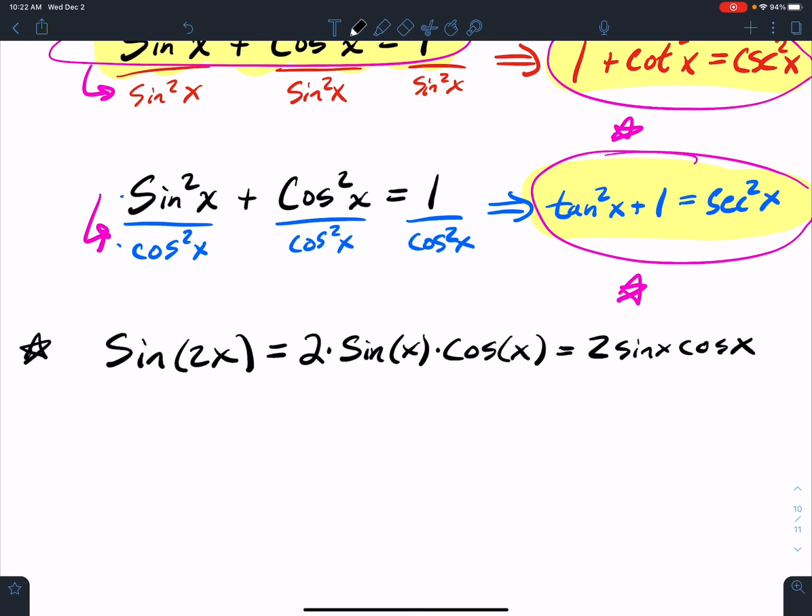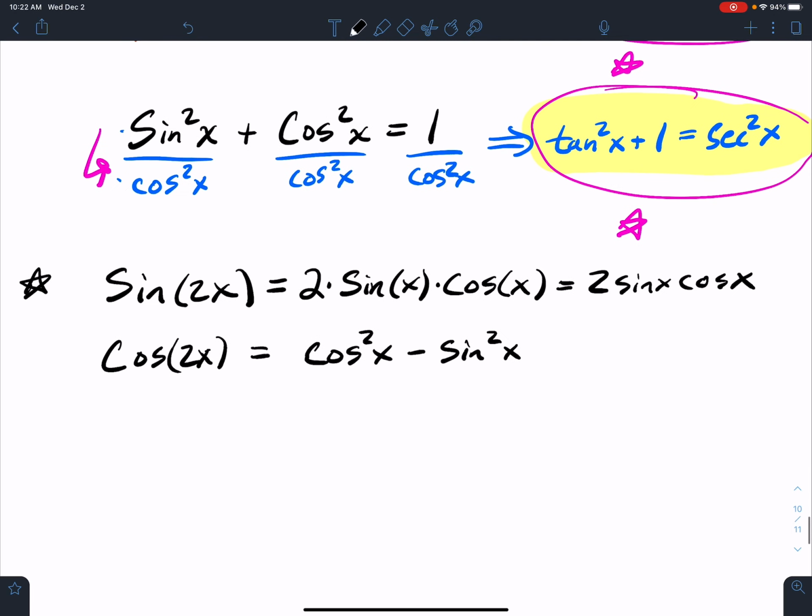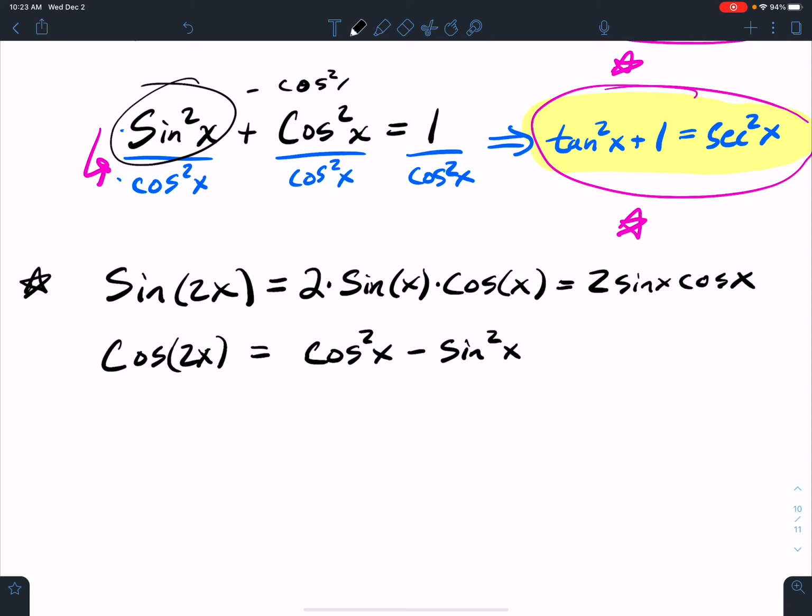Another one you need to memorize is the cosine of 2x is equal to cosine squared x minus sine squared x. This is one version of it. Another version of this identity: if I subtract cosine squared from both sides, then I get sine squared x equals 1 minus cosine squared x, right?